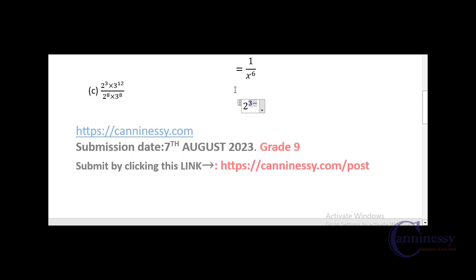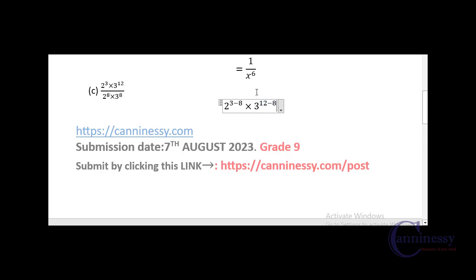then minus, because of this division, minus 8. Then multiply by the second base, in this case 3, multiply by 3 to the exponent 12, then minus 8.